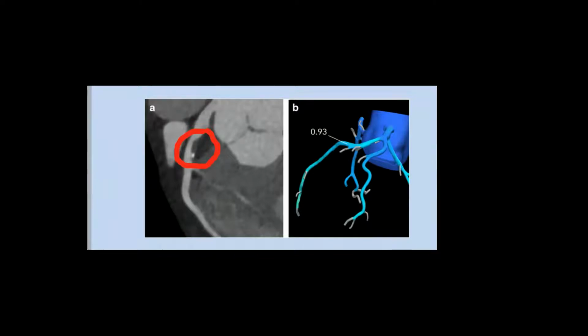Now, there is actually a way of calculating the FFR, CT FFR, and it correlates so well with invasive FFR. So gradually, the cardiac CT is becoming a one-stop shop where you can get everything. You can get the coronary angio, you can analyze the vessel, you can assess vulnerability of the plaque, you can assess ischemia, viability, and FFR. So there are a lot of things you can do by cardiac CT.